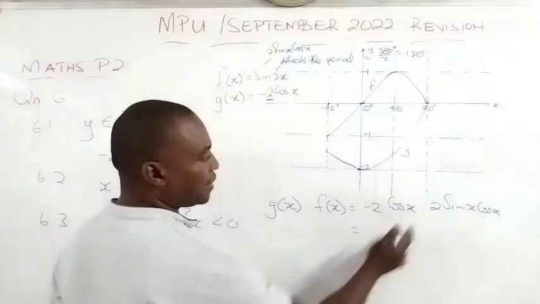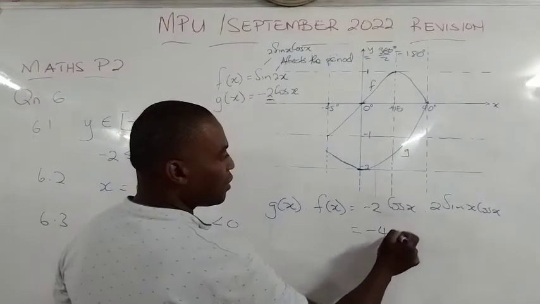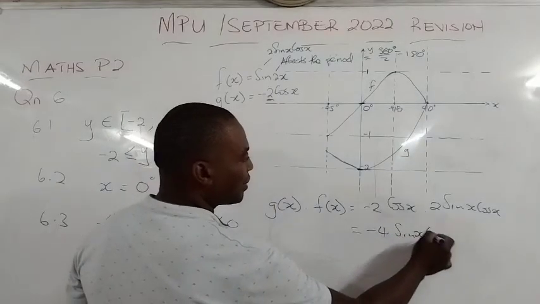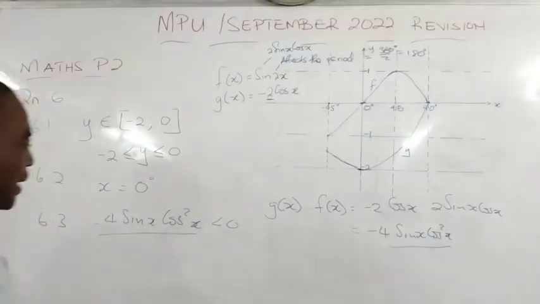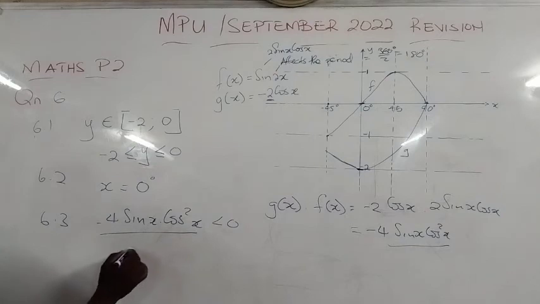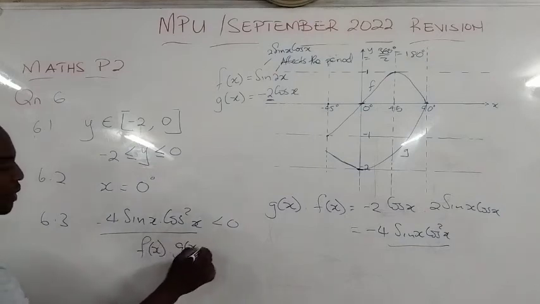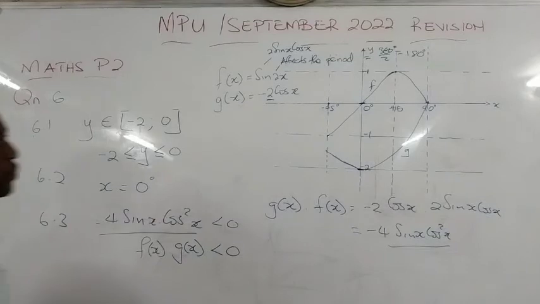And this is basically negative 4 sine x cos squared x. So what they have hidden in this is that f of x times g of x is less than 0. That's the interpretation we need to have.